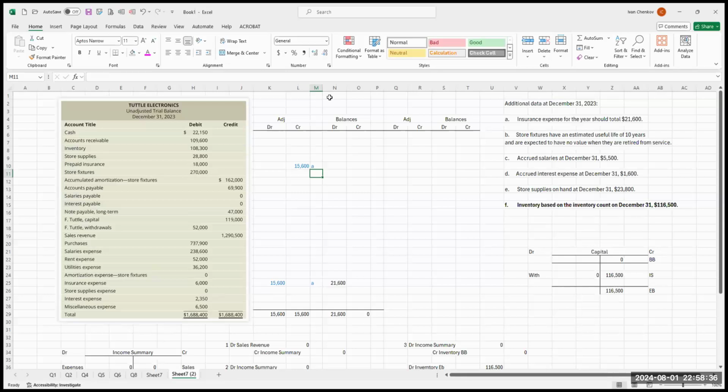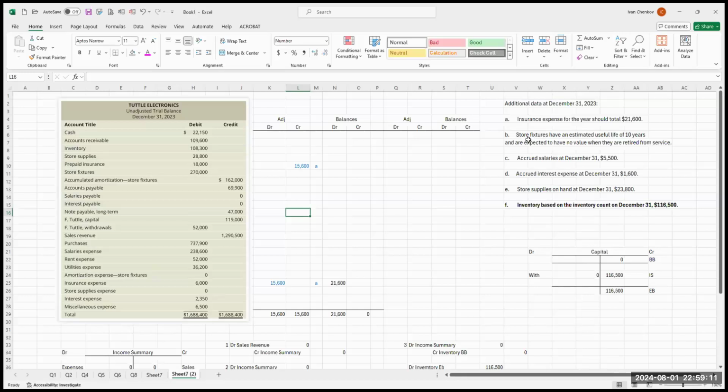Next thing that we have to do is letter B. Store fixtures have an estimated useful life of 10 years. We're checking the store fixtures and we're seeing that they're $270,000 over 10 years. That's $27,000 per year. And since the purchase date is not given, we're assuming that those are available for the entire year.